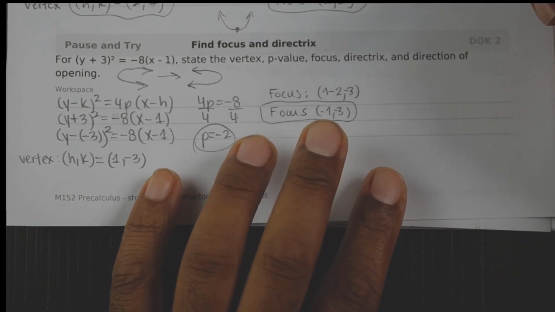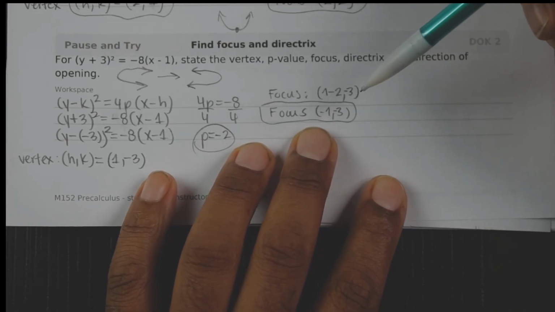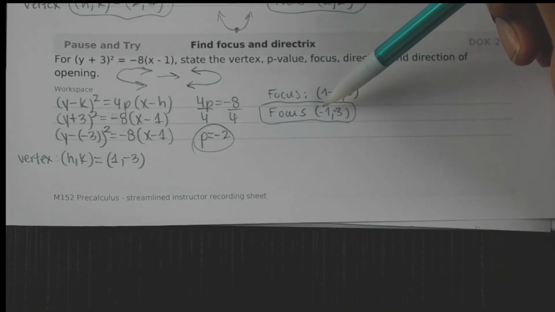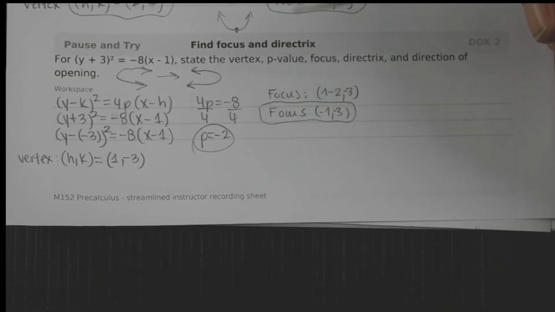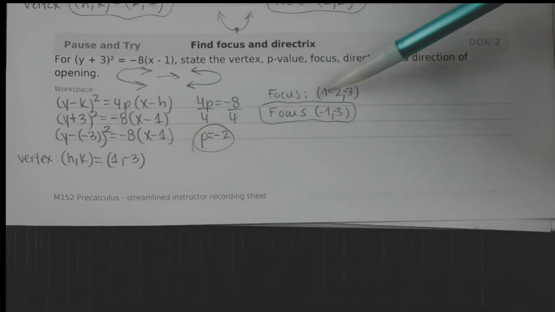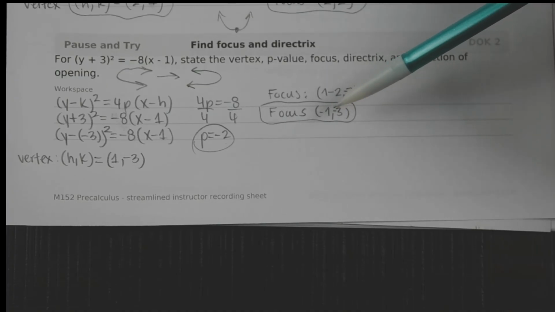Let me make sure. Move 2 units from the vertex. Yes. Okay. So that's essentially what it would impact, this number here, right? Because originally the point was 1, and if we're subtracting 2 from that, we would end up with -1, -3.